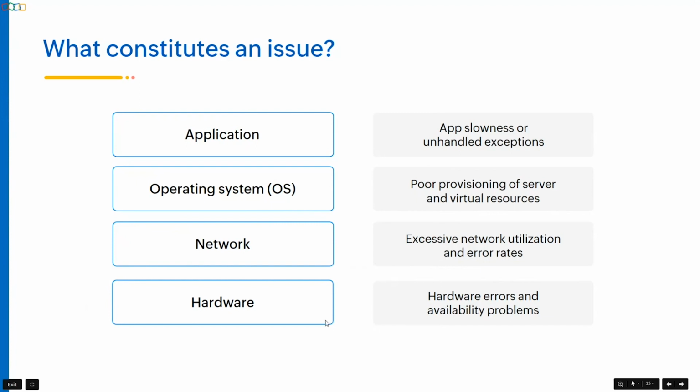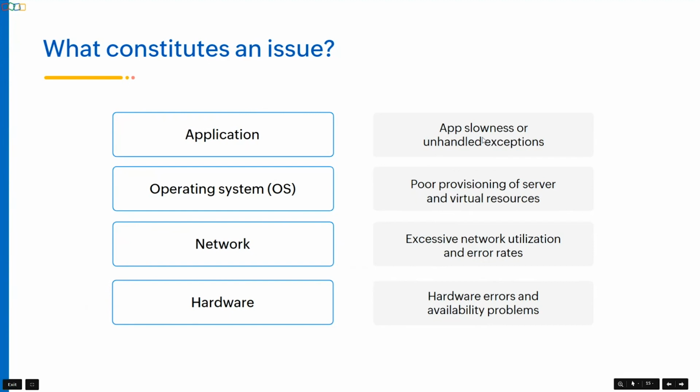It may not be the same for the network components. For the network component, the existing network utilization and error rates are usually the issues. In an operating system, poor provisioning of server and virtual resources is the main issue. And in an application, it's usually app slowness or unhandled exceptions.